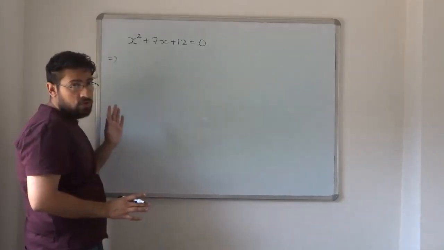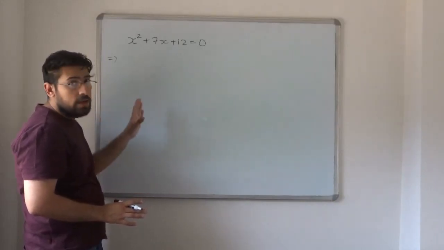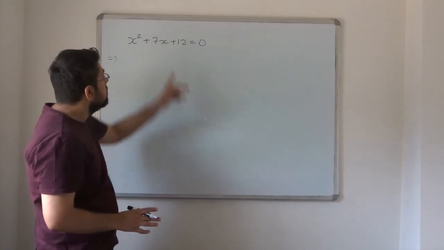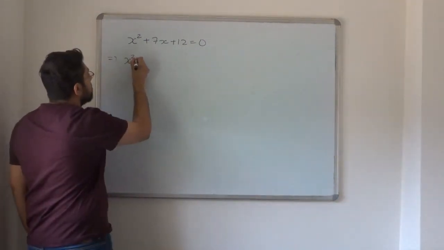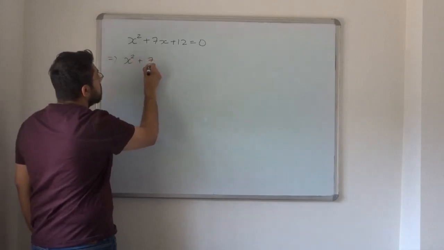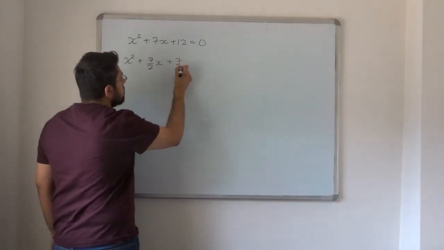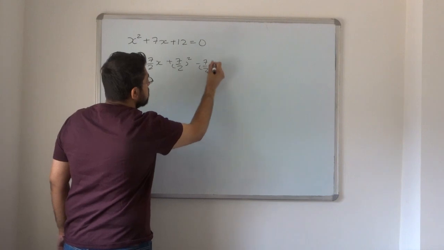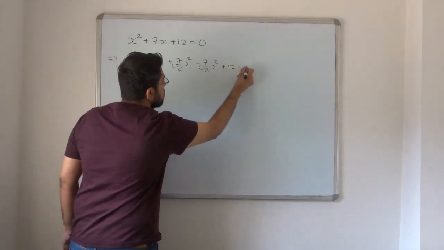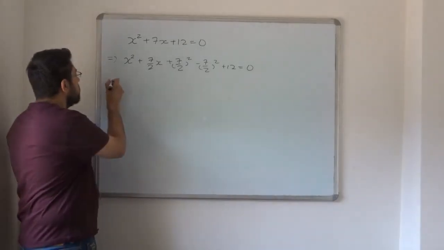Then you square that number, and then you add it and subtract it from 12. Let me show you. Like this. Plus 12 equals 0. So this is the next step.